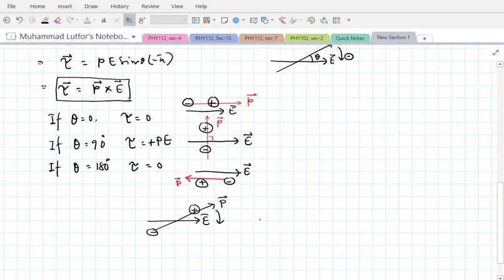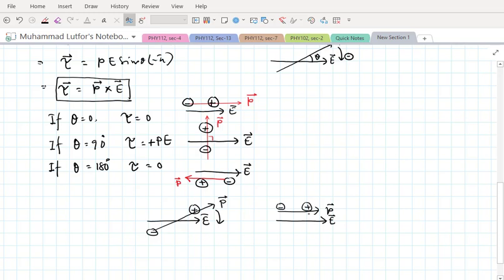Fine. Say when the case is that way, so this is the electric field, but this is the direction of your electric dipole moment, right? The situation has come from that situation, but after coming to that position, it has some kinetic energy.